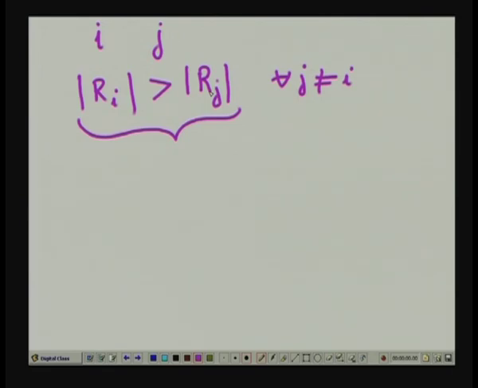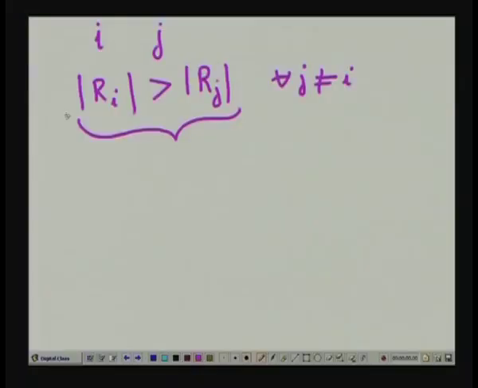So, as we said, what we are doing is taking all the 4 masks, applying them on the image, and computing the value of R for all these masks. If for the ith mask the absolute value of R i is greater than the absolute value of R j for all j not equal to i, we can conclude that this particular point is more likely to be contained on a line in the direction of mask i.